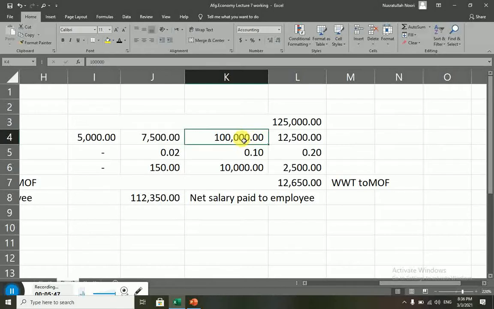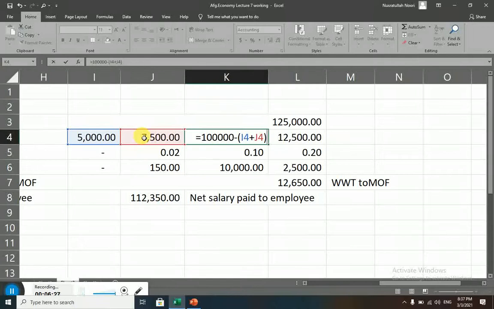From this 100,000, we have to deduct 12,500, because 5,000 is tax exempt and 7,500 is subject to 2% tax. So we have to deduct both of them. The remaining is subject to 10%. So we put 100,000 minus 5,000 plus 7,500.